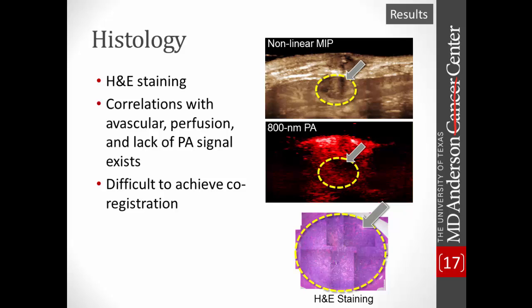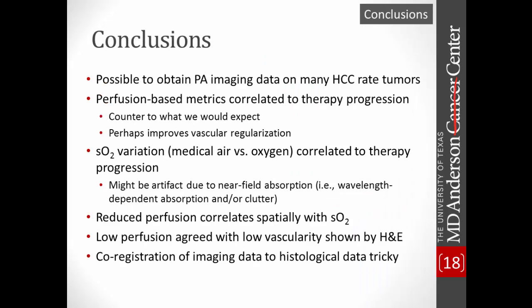This is sort of a problem with a lot of these techniques: if you're trying to assess oxygen saturation and you can't get signal at all in a poorly perfused organ, what can you tell from that? So we're trying to figure out a correlation between perfusion and lack of photoacoustic signal. This is sort of the first steps in that, and we see confirmed in H&E histology that you have an avascular region in that part of the tumor.